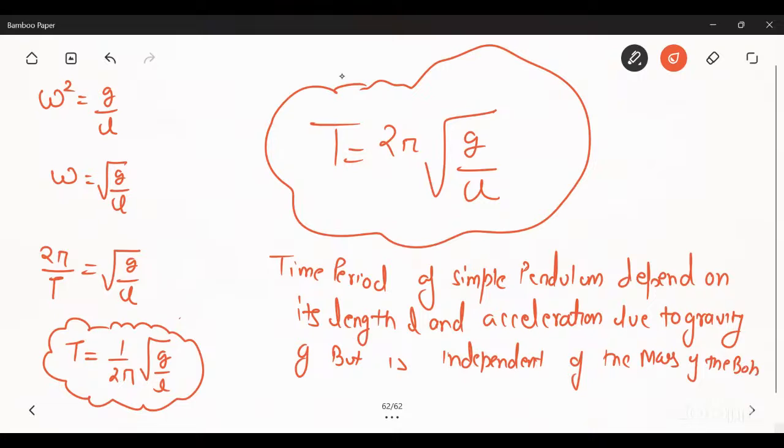Okay, that was your expression for the time period of a simple pendulum.